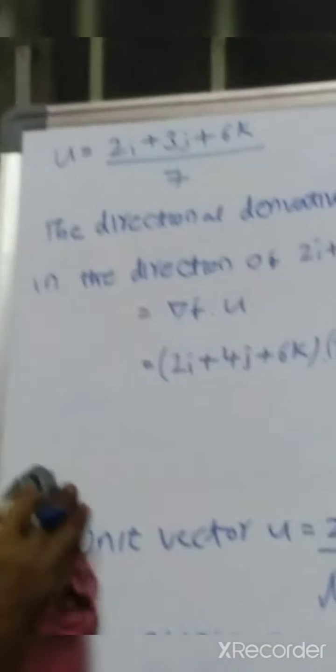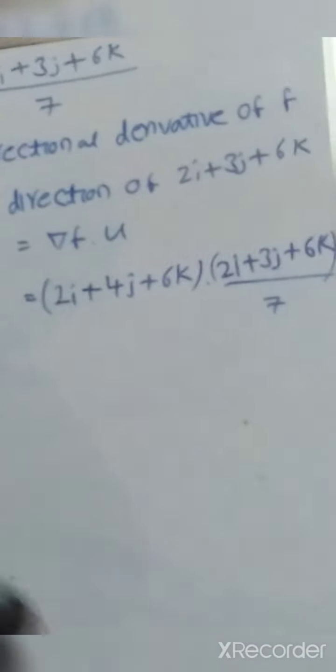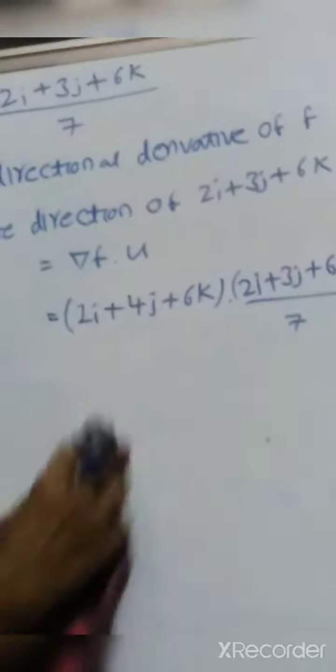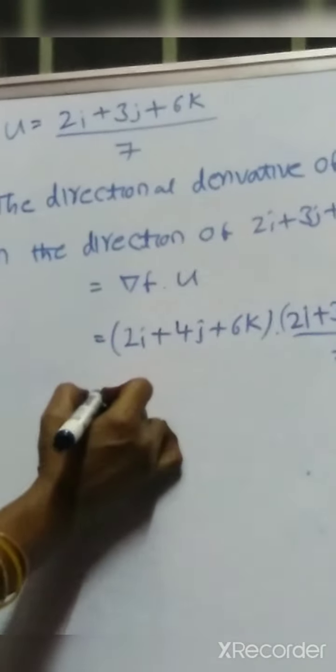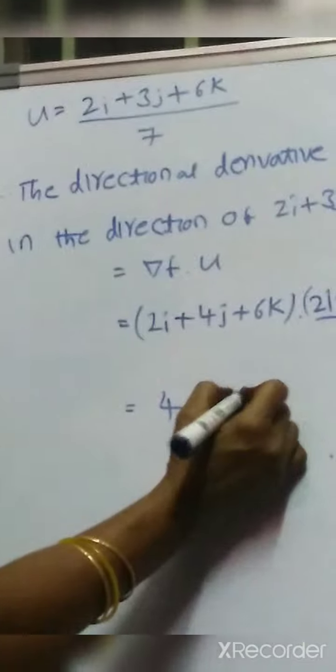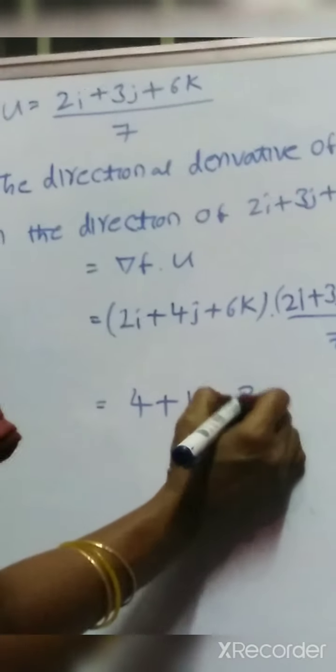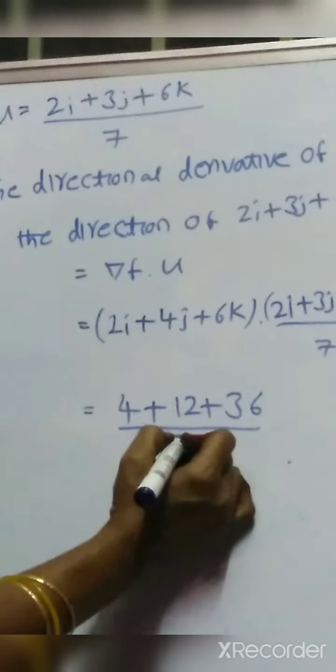So this is the dot product. We know i dot i, j dot j, k dot k is 1 and the remaining i dot j, i dot k and so on are 0. So now we get 2 into 2, 4, plus 4 into 3, 12, plus 6 into 6, 36, by 7.